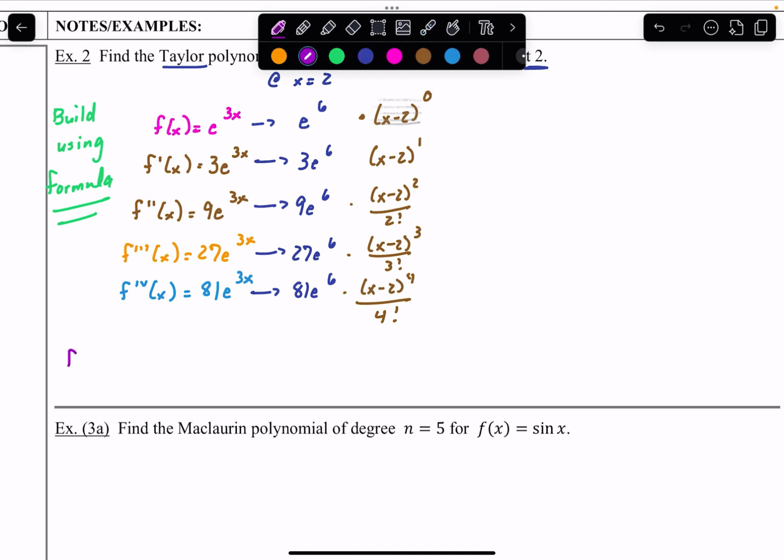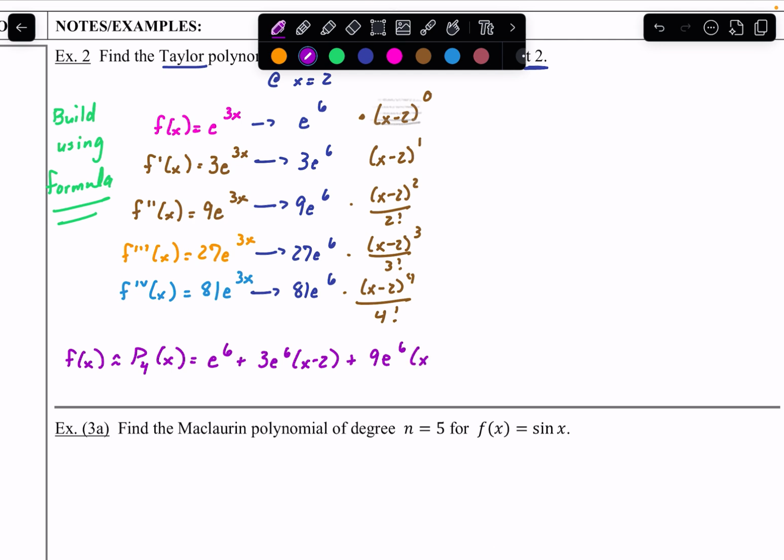So we're going to say f of x is being approximated by the 4th degree polynomial. And we're going to start at e to the 6th. And we're going to add 3e to the 6th times x minus 2. And we're going to add, remember, 9e to the 6th and 3e to the 6th, those are just numbers, right? e to the 6th is a number.